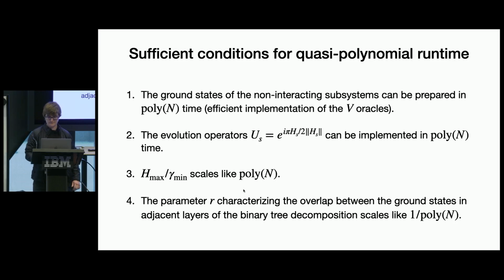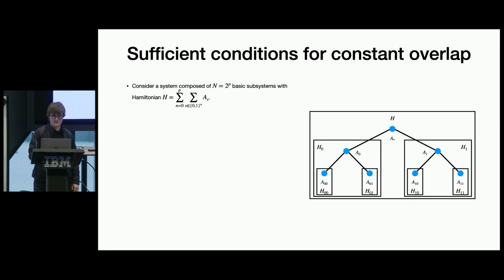And I guess I have enough time to briefly discuss what are sufficient conditions on this r parameter to make this whole thing work. So again, this is the setup from before, our Hamiltonian in this binary tree decomposition.